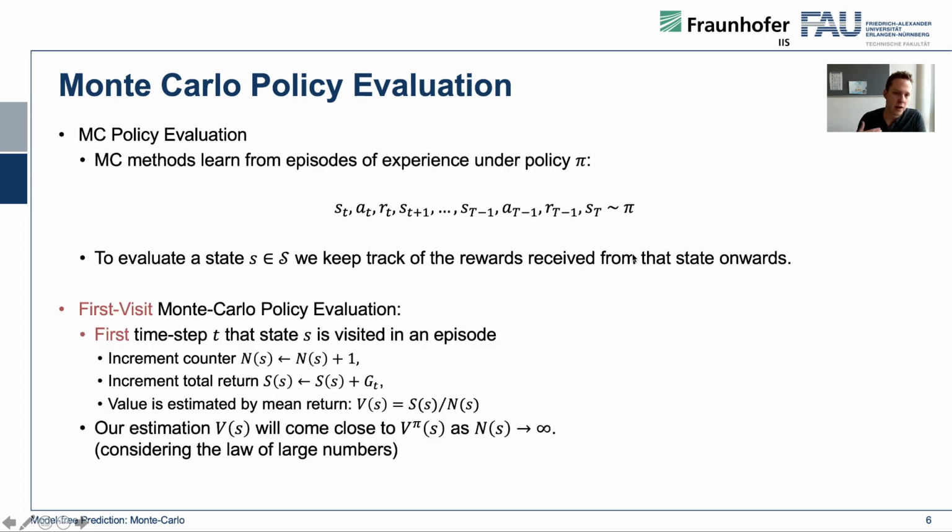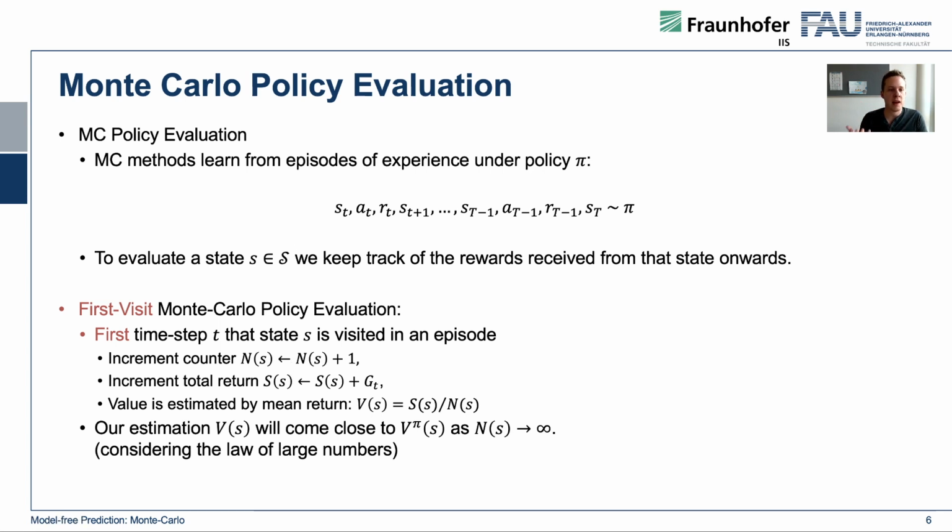And a very simple algorithm that we can deduce from this is called first visit Monte Carlo policy evaluation. The general idea is that we just keep track of the states we visited in an episode, and if we visit the state in the episode more than once, we just ignore it.